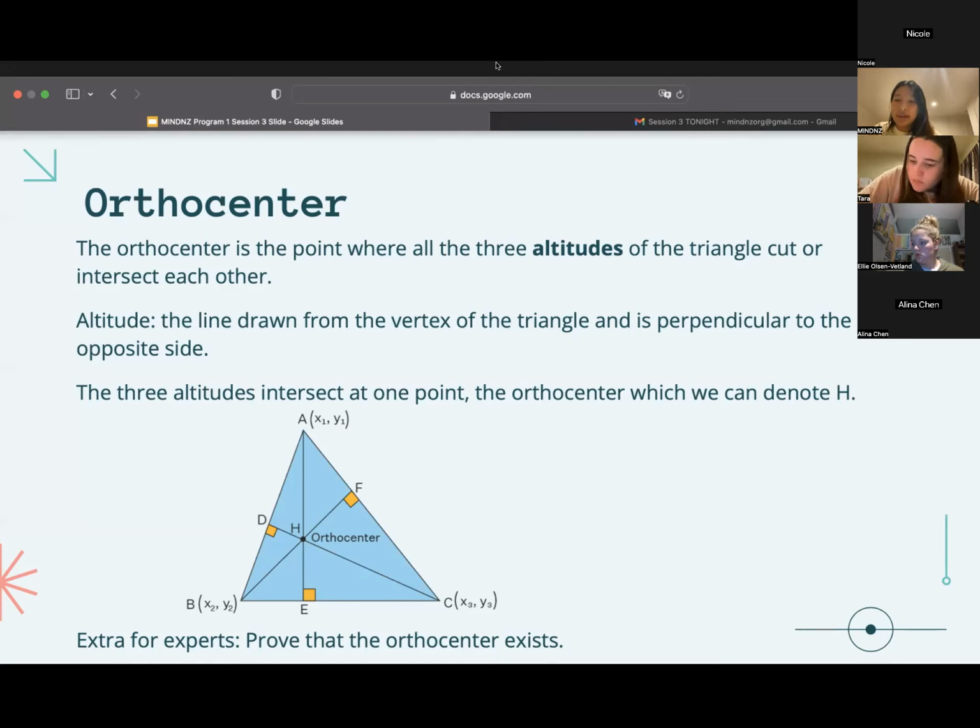There is one specific theorem that I think is really useful for proving that these points do exist. We probably won't have time to look at it today, and I'm not sure if it's in the syllabus, but there is a certain theorem you can learn if you'd like. It's really useful for proving that these triangle centers do exist. So if you just send it in chat, feel free to have a look at it if you'd like to.